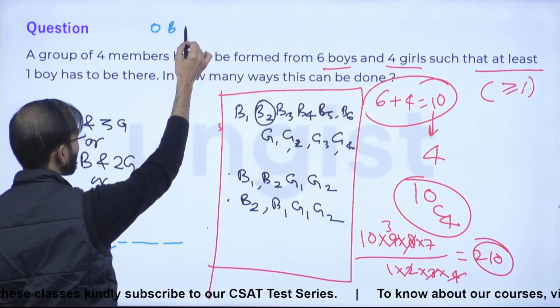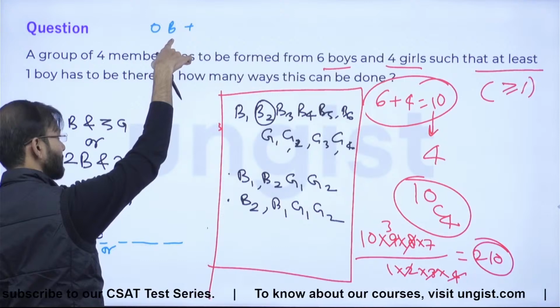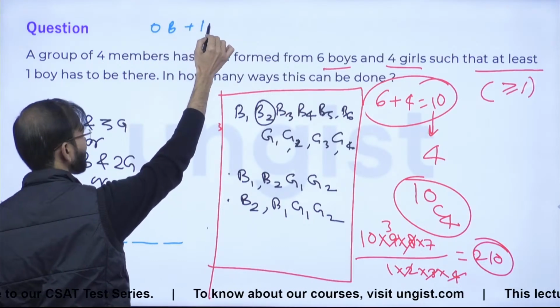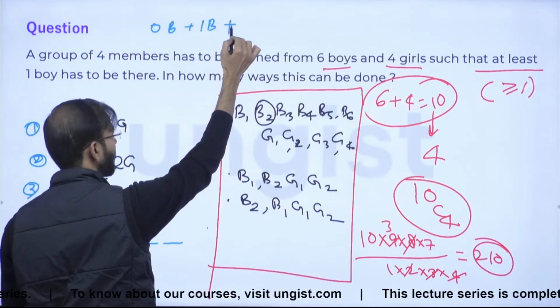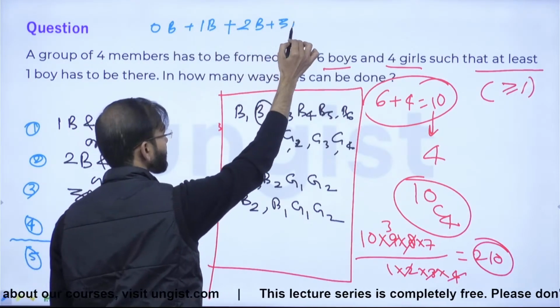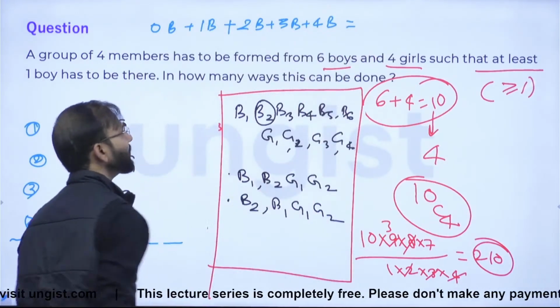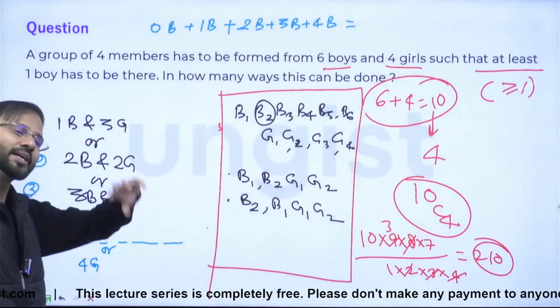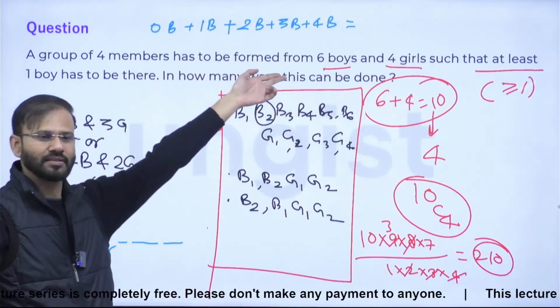This can be 0 boys, meaning the complementary part is 4 girls, or 1 boy with 3 girls, or 2 boys, or 3 boys, or all boys. Guys, when we are selecting 4 members randomly from the group of those 10 members, we can get the members like this.